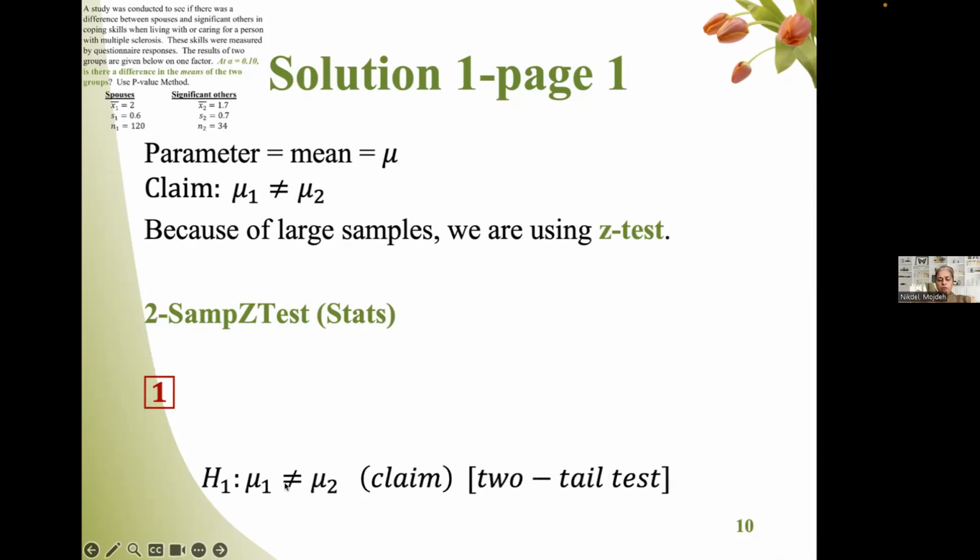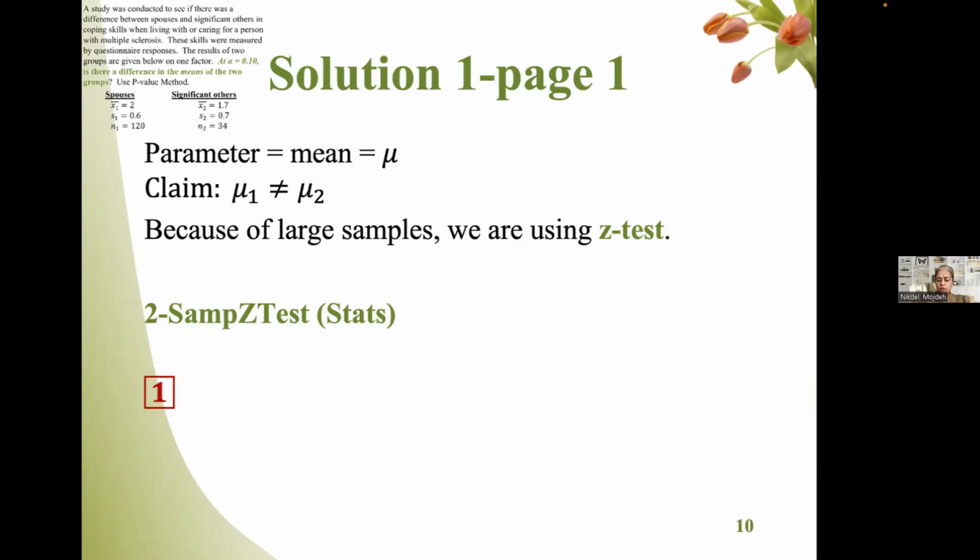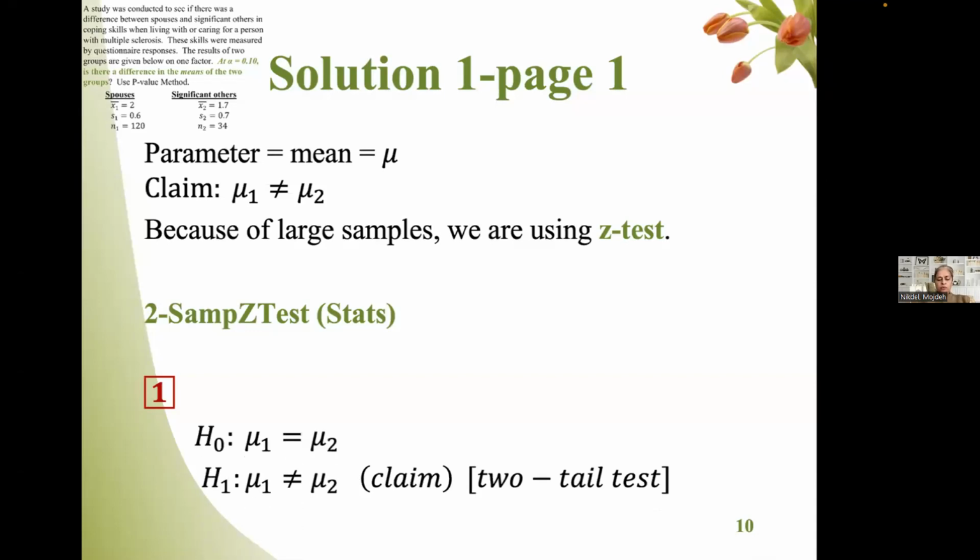H1: mu1 not equal to mu2. That's the claim. I have a two-tailed test. I discussed this in chapter 8 and 9. And what is my null? First, I write my claim sentence, in this case H1. Then I write my null. H0 is mu1 equal to mu2.